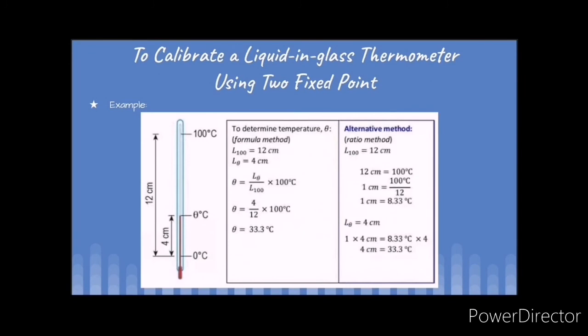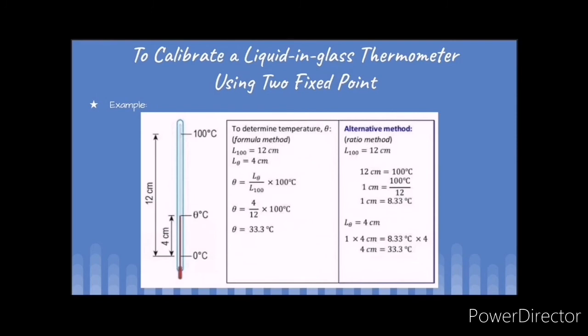For example, to determine temperature theta by using the formula method, L 100 equals 12 cm and L theta equals 4 cm.